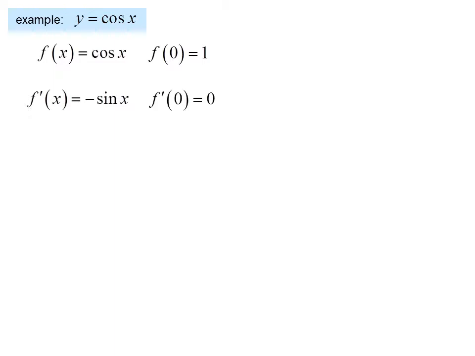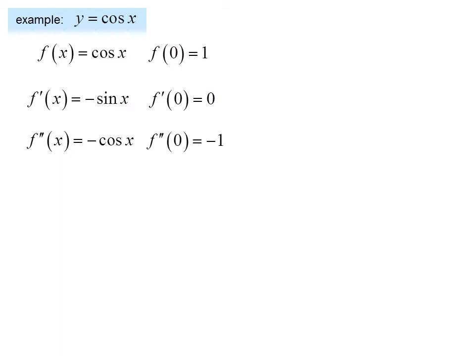Example, y equals cosine x. F of x equals cosine x, so f of 0 equals 1. Taking the derivative, f prime of x equals negative sine x, so f prime of 0 equals 0. The second derivative is negative cosine x.